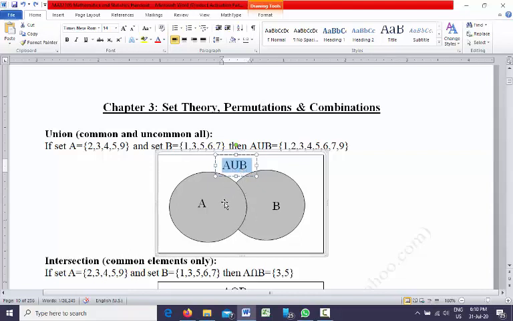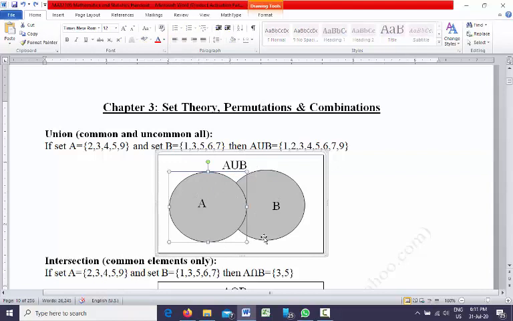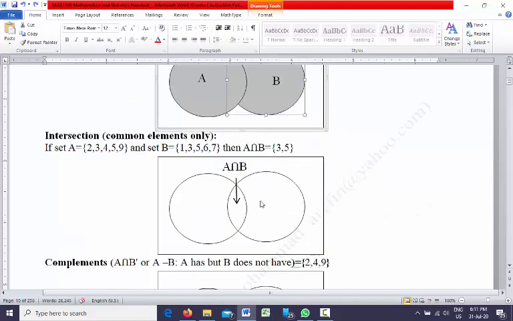So we can call it another way, like either A or B or both. Pay attention. This is the both part. So this is the common part, where A is also there and B is also there.